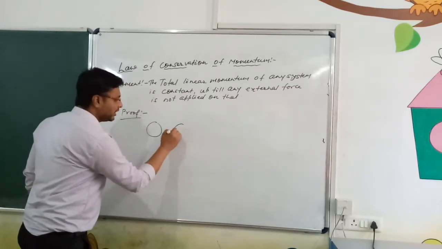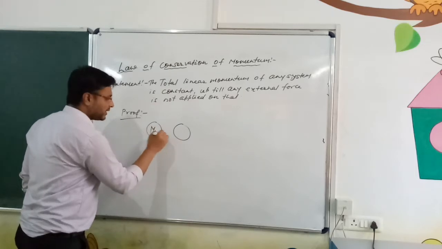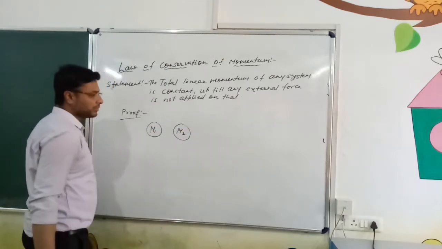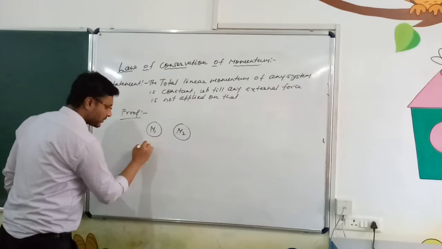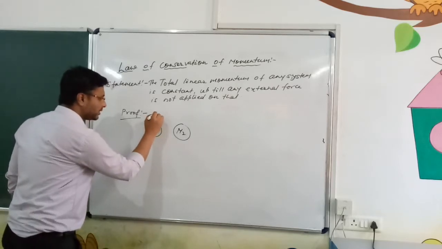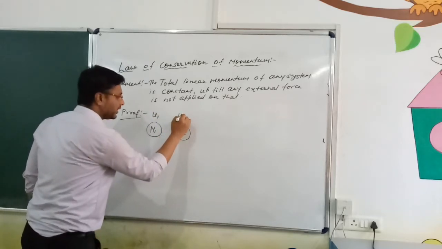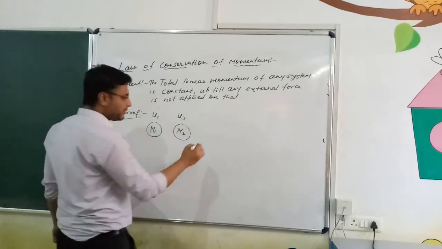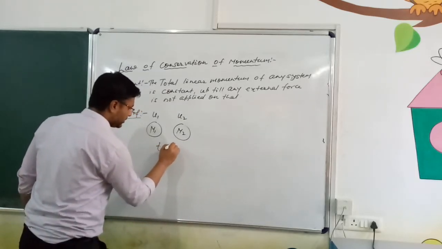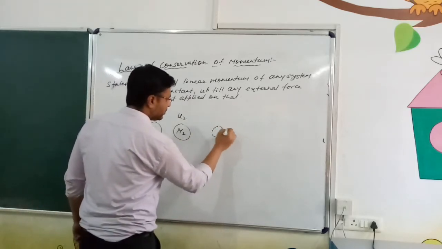Let's suppose we have two objects of masses m1 and m2, and both have initial velocities u1 and u2 at time t equals 0.